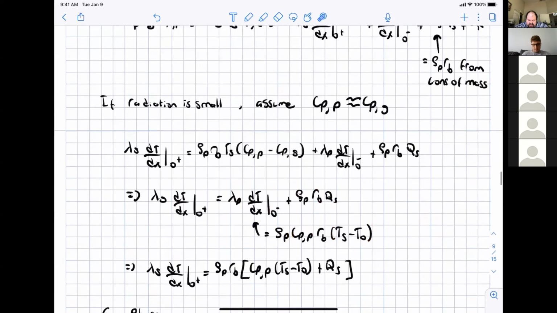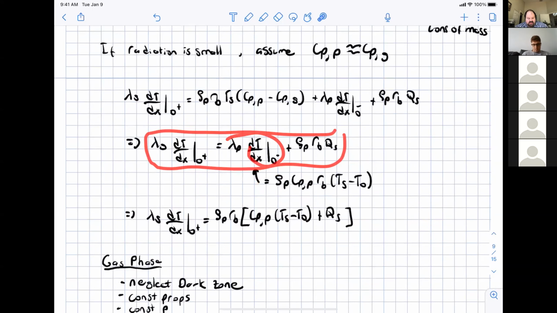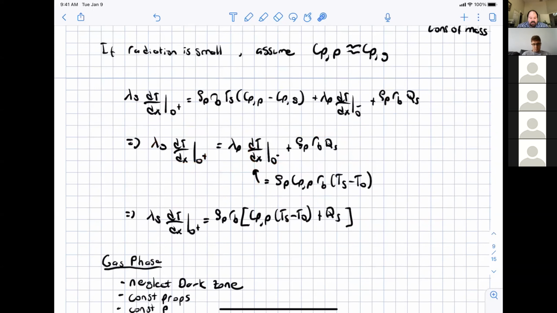We're going to plop that result into here, because if we just stopped here, we would have two unknowns. We don't know what this is, and we don't know what this is, and we're trying to relate these evil temperature gradients to basic properties of the propellant.